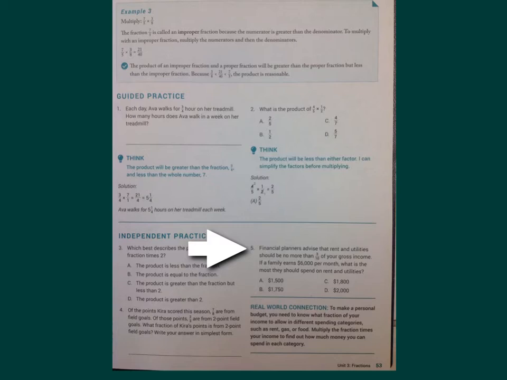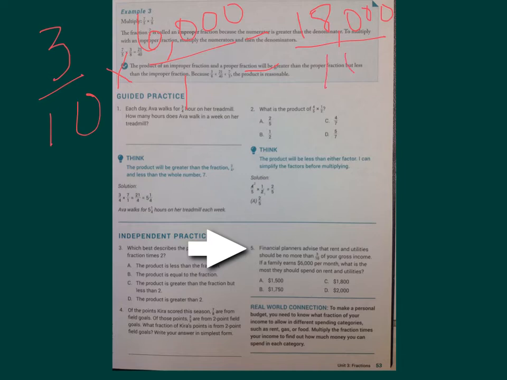For number 5, we're going to say 3/10 times 6,000 over 1. And if we just multiply that out, we're going to get 18,000 over 10. And we know we're going to write this in simplest form.